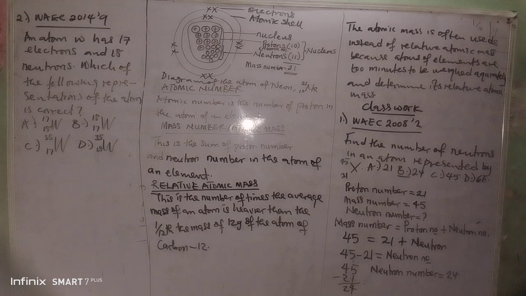Now, what do we do when we have this? An atom W has 17 electrons.